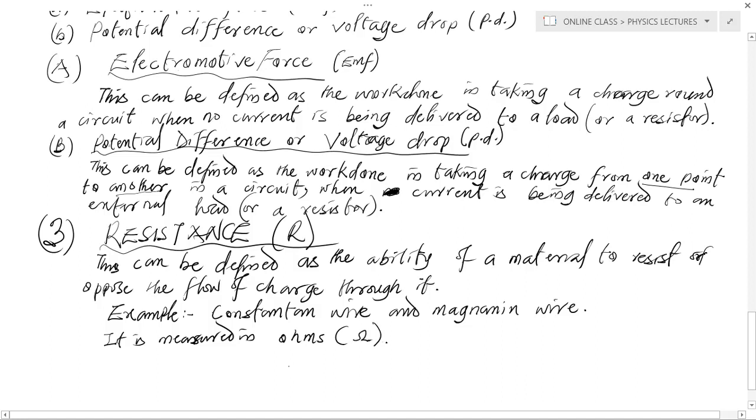Now this shows that what offers resistance to the flow of charge is called what? It is called resistance. Now what are the instruments used here?